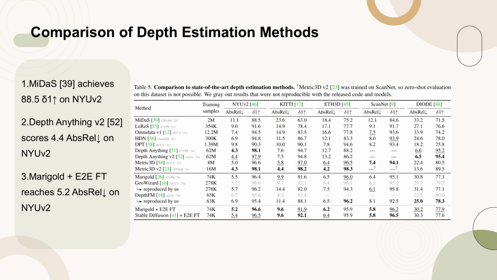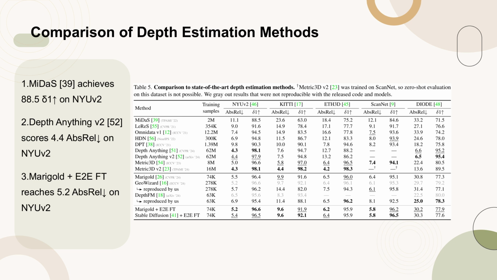Table 5 provides a comprehensive comparison of various state-of-the-art depth estimation methods across multiple datasets. Key findings include MiDaS, 39, achieving a delta-1 of 88.5 on NYUv2, Depth Anything V2, 52, scoring 4.4 ABS-REL on the same dataset, and Marigold plus E2E FT reaching 5.2 ABS-REL on NYUv2.